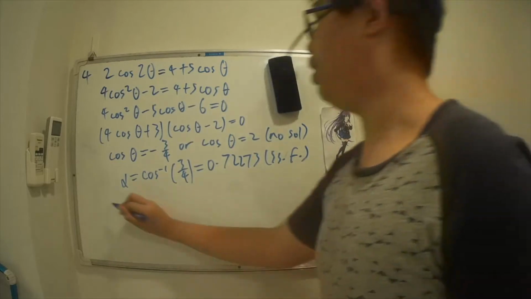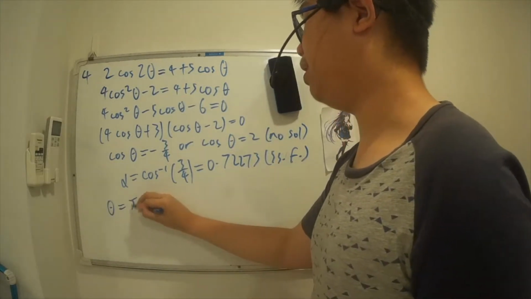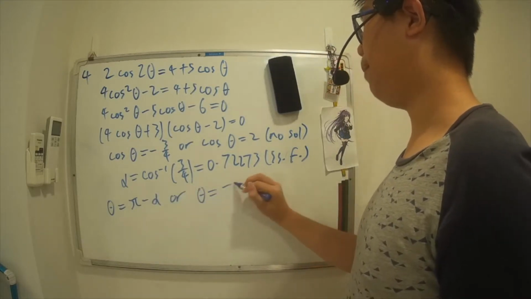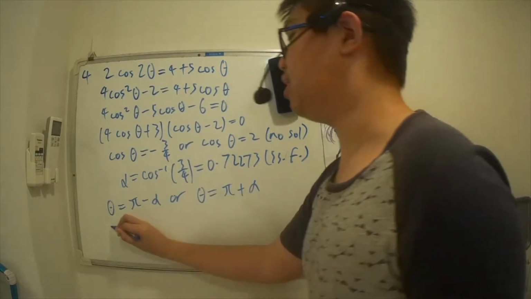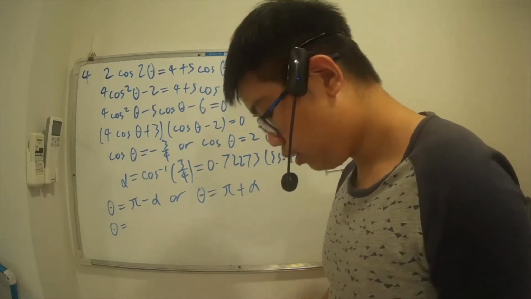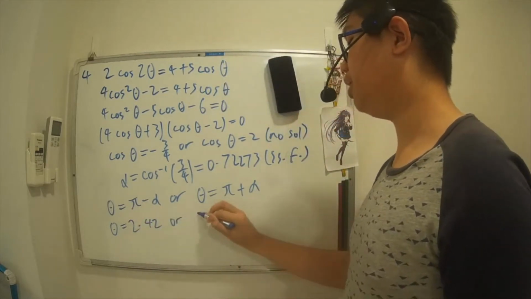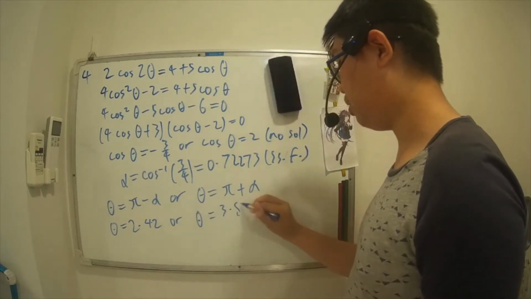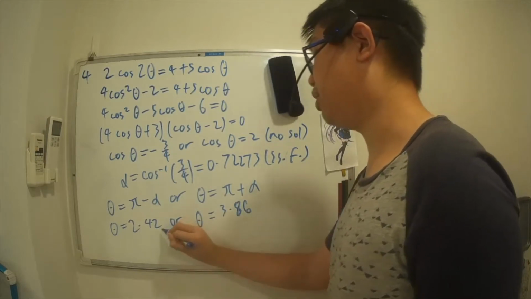So we have theta will be equal to pi minus alpha, or theta will be equal to pi plus alpha. And if you work it out, this means that theta is equal to 2.42, or theta equals to 3.86. Okay, so these are radians, okay?